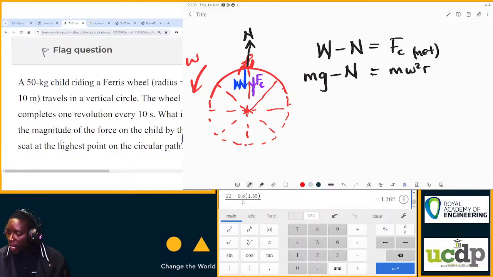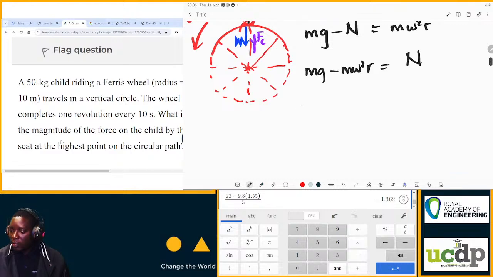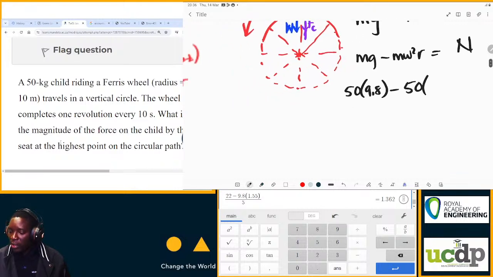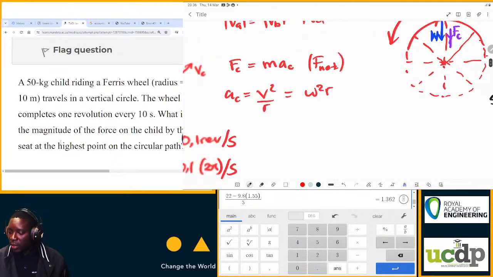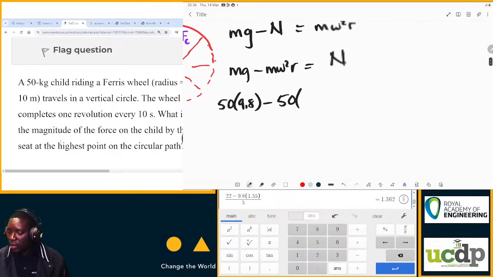So mg minus m omega squared r equals N. We know m is 50, g is 9.8, omega is 0.2 pi radians per second, squared, times r, which is 10, equals N.